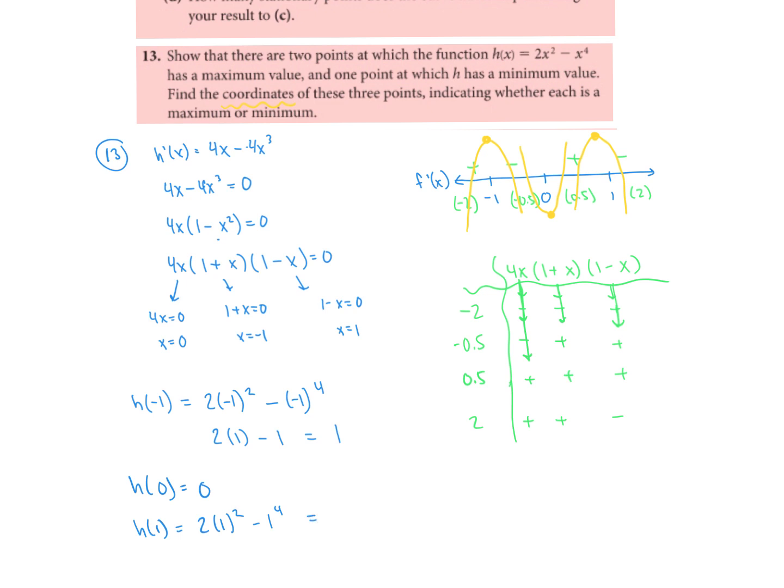We'll have 1. So we have the points negative 1 comma 1, 0 comma 0, and 1 comma 1. Negative 1 comma 1 is a max, 0 comma 0 is a min, and 1 comma 1 is a max.